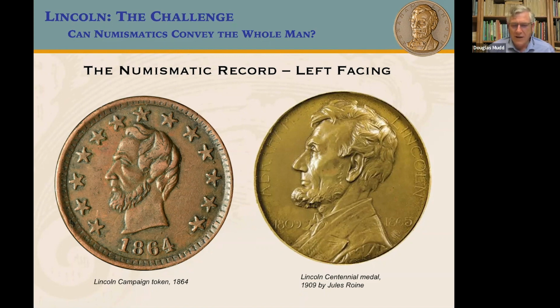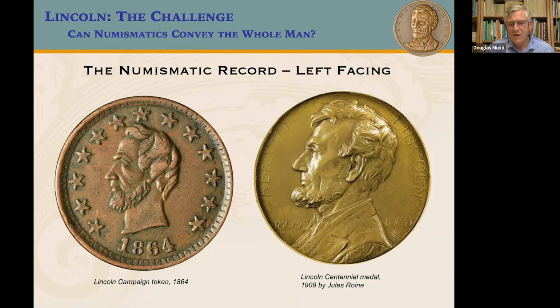On the other hand, you have the Lincoln Centennial Medal by Jules Royen, 1909, and here you have a beautiful impression of Lincoln. The neck is proportional as opposed to the French version, and all the details are there. You see the wrinkles and the wear, but you also have a look of benign hope. You know, somebody who's looking to the future, but is confident that they've accomplished something.